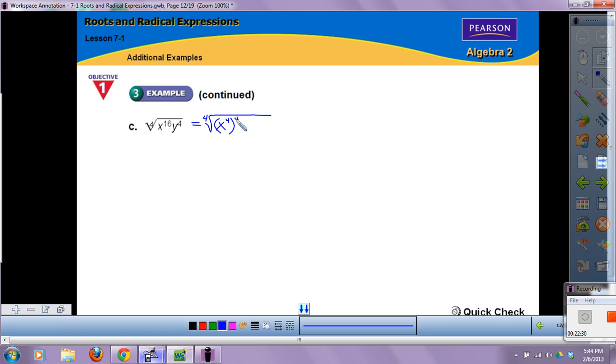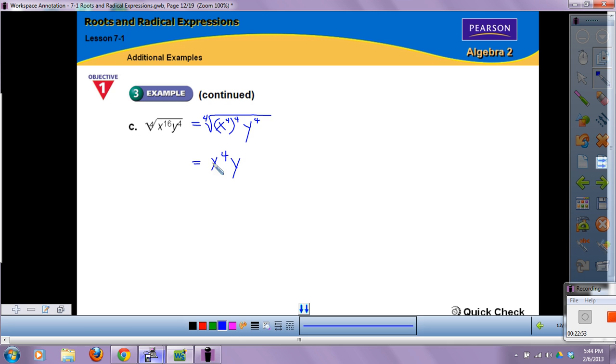When you raise a power to a power, x to the 4th to the 4th, that's x to the 16th, and then, of course, y to the 4th. So when we simplify this, the 4th root of the 4th, these 4's cancel out, so you're left with x to the 4th, and the 4th root of y to the 4th, again, the 4's cancel out, so you're left with y.